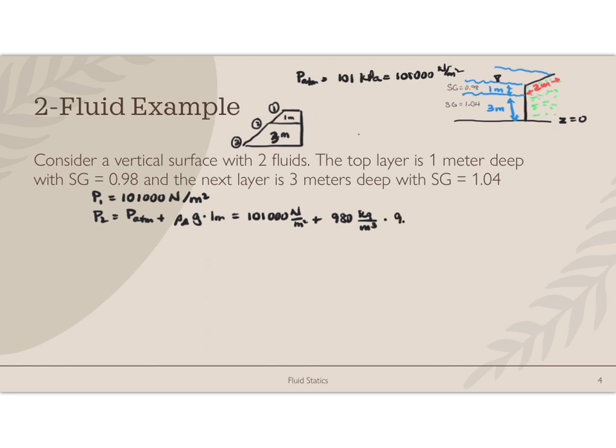G is 9.8 meters per second squared, and the height is 1 meter. This is going to give me kilograms per meter per second squared.